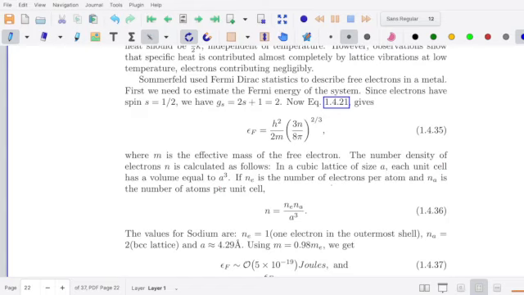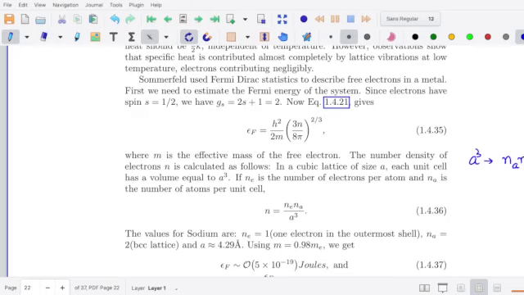And if Ne is the number of electrons per atom, the number of electrons that is provided by the atom to become free electrons, and Na is the average number of atoms per unit cell, then in a volume of A cube, that is within a unit cell, we will have Na atoms, and every atom provides Ne electrons to become free electrons.